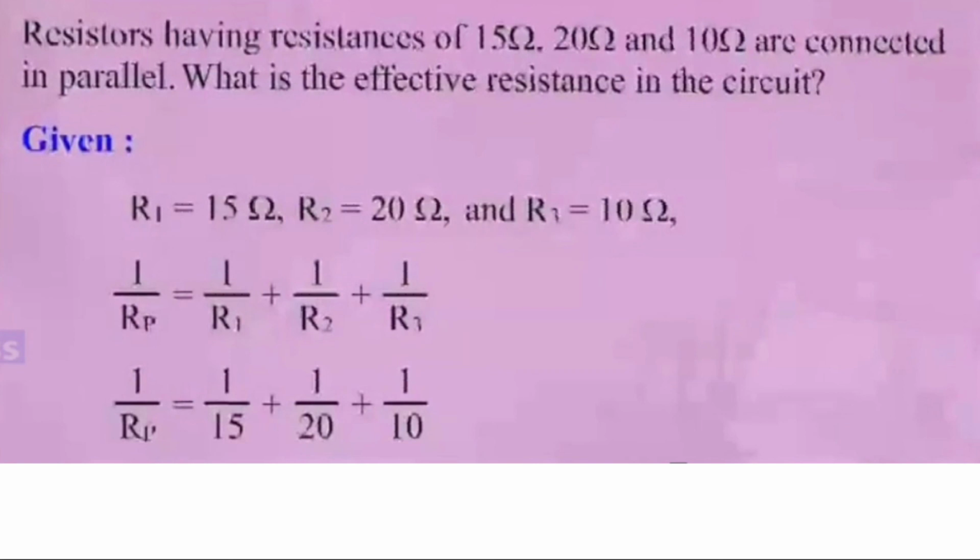What is the LCM? 15 twos are 30. No, it will be coming 60. So you will have 15 fours are 60, 20 threes are 60 and 10 sixes are 60. So you can have 1 into 4 plus 1 into 3 plus 1 into 6.